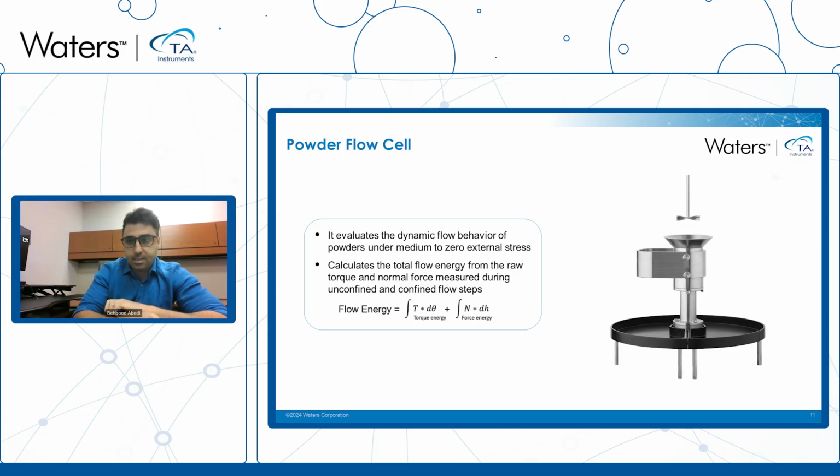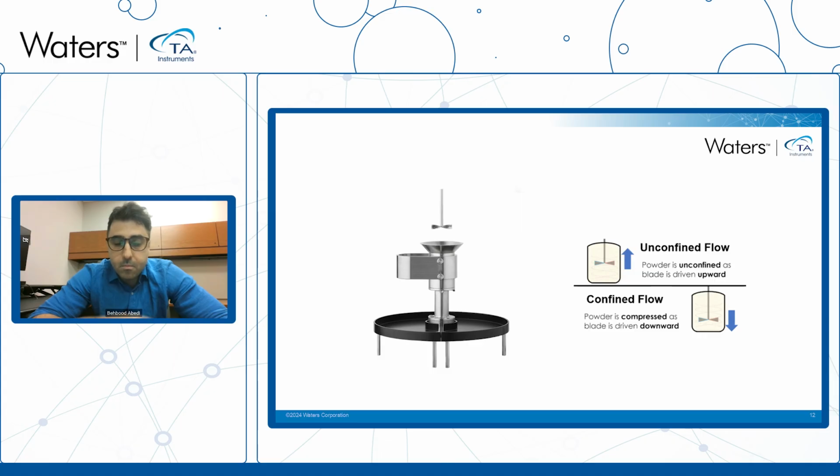In this case, we don't have that high stress, so we are analyzing powder flowability under relatively medium to zero shear rates. And another important point is that when this rotor goes down, because the cup is closed, we have a confined flow, and when it goes up, we have unconfined flow.